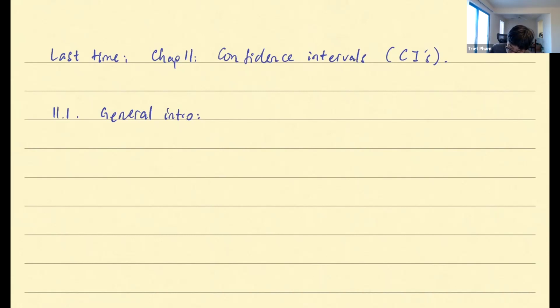So suppose we have an IID sample from a population distribution that depends on theta.